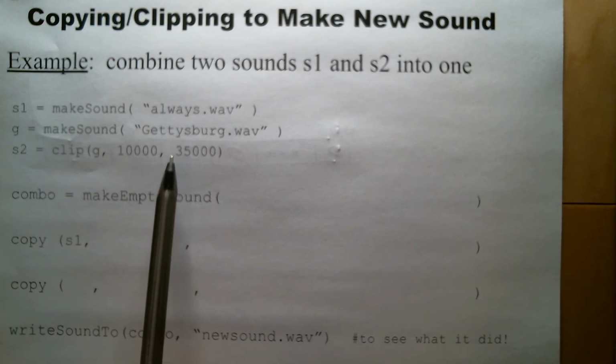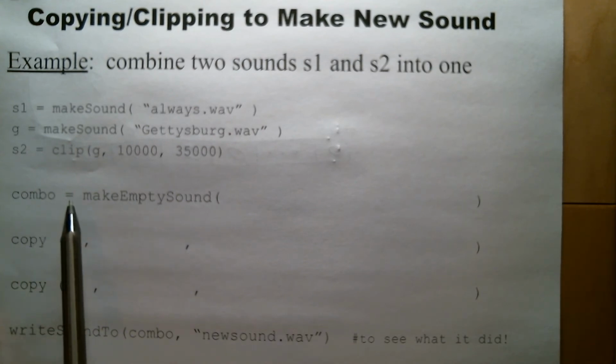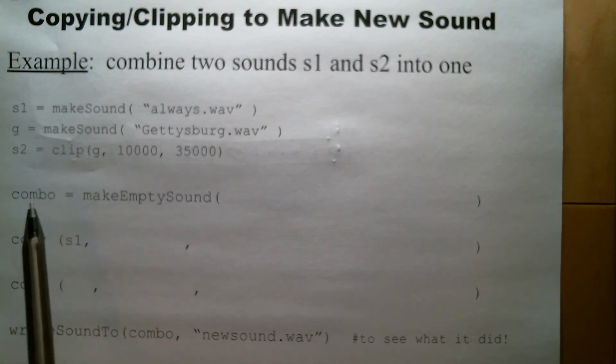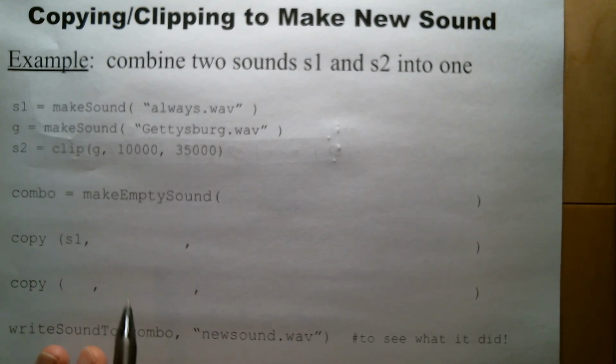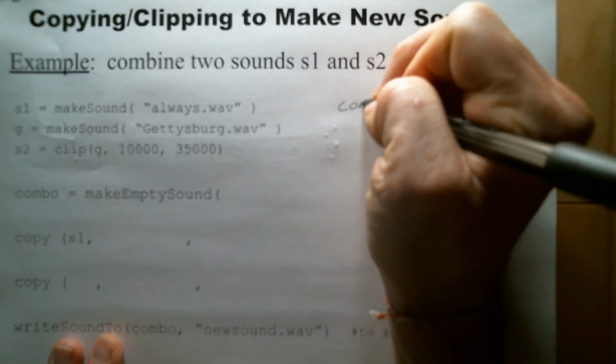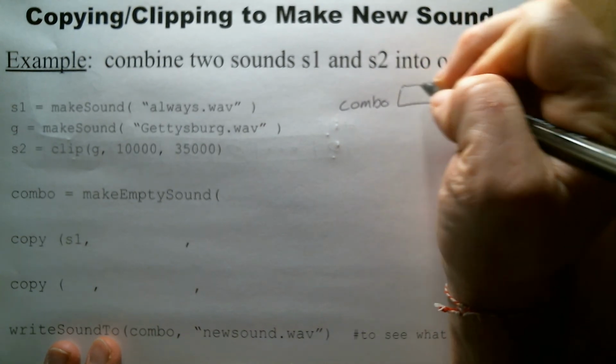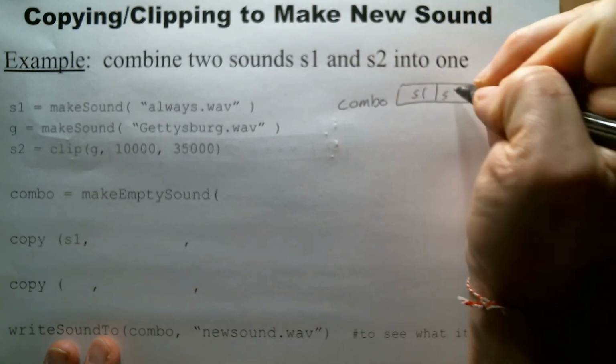All right. So we're going to start with combo equals make empty sound, and we have to make sure that the sound is big enough to hold everything. So let's say we were trying to combo together and create S1 and S2.